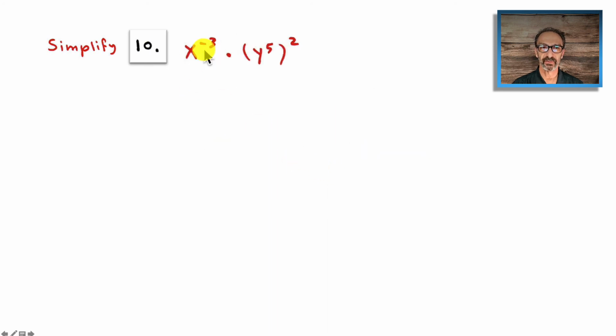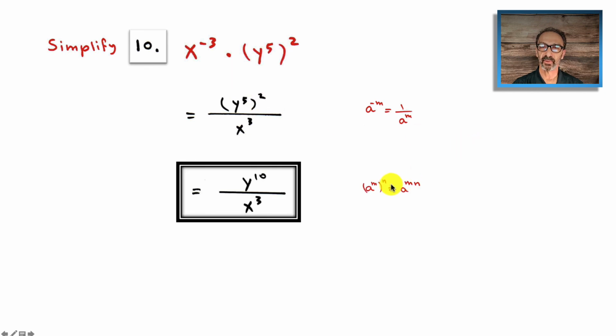X to the power negative 3 times y to the power 5 to the second. Let's bring this down to the denominator. That's called negative exponents. We take the reciprocal, or we bring it down. Let's apply 2 times 5 using the power of a power rule, and that should do it.